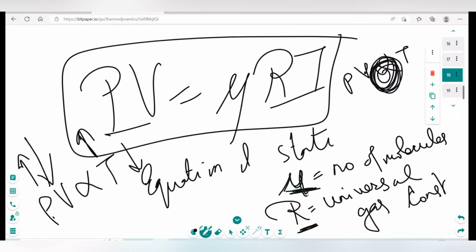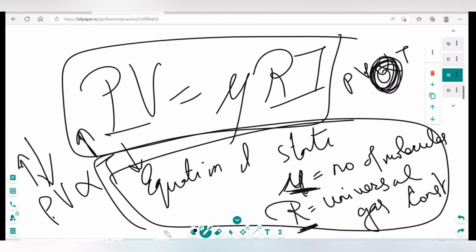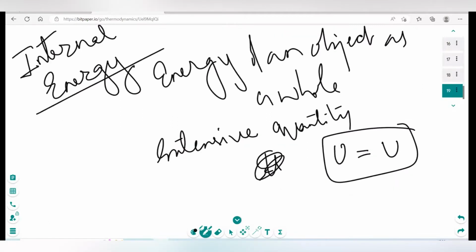See, this and internal energy are a little different. You will come to know after you study first and second law. So currently you can just remember this equation. I will tell you where this internal energy will come into the picture after a few more minutes.